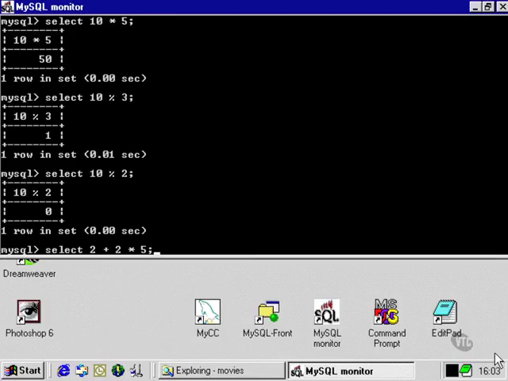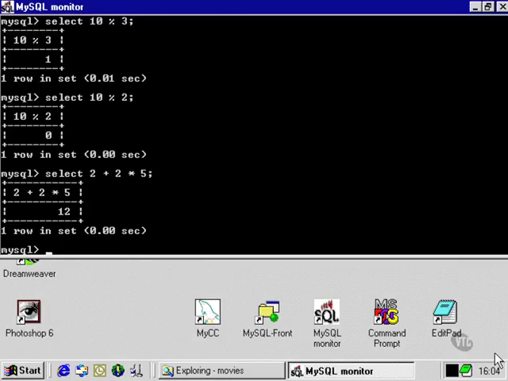Will MySQL interpret 2 plus 2 times 5 as 2 plus 2, 4, times 5, which would be 20? Or will MySQL interpret the expression as 2 plus 2 times 5, which is 10, and give the result 12? The answer is that MySQL will always do the multiplication first, so the answer in this case is 12.